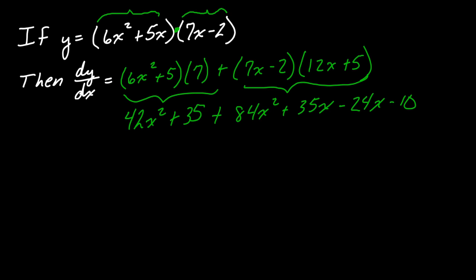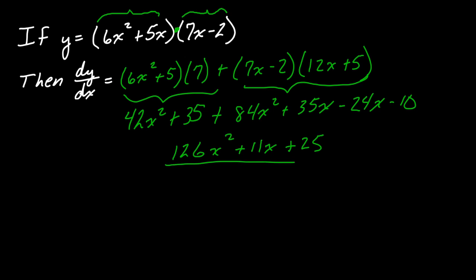And we can combine like terms then. The 42 and the 84 would give us 126x squared. You have a 35x minus a 24x, which was 11x. And then we have our 35 and our minus 10, which would give you 25.